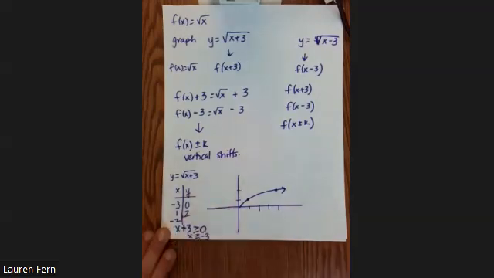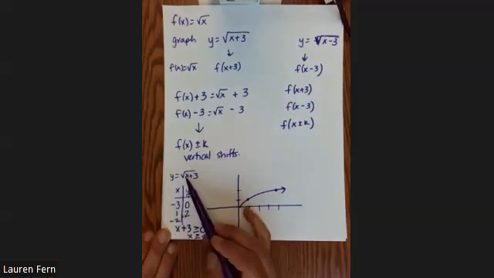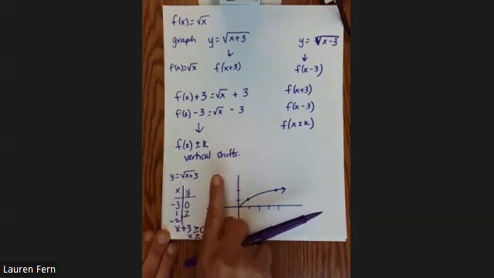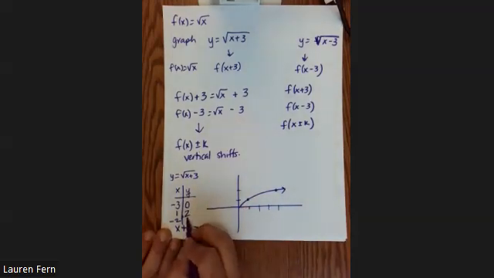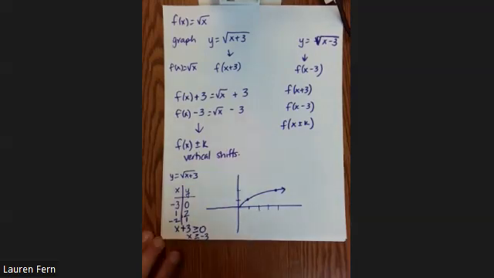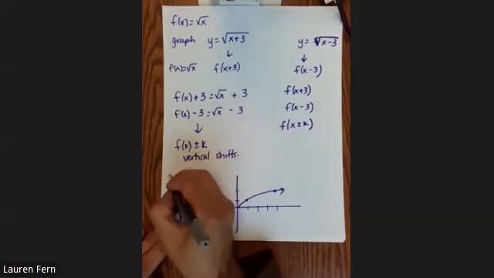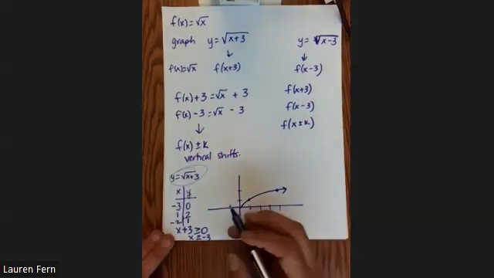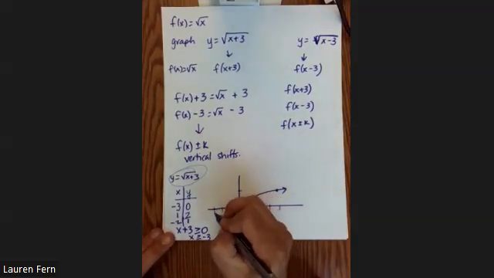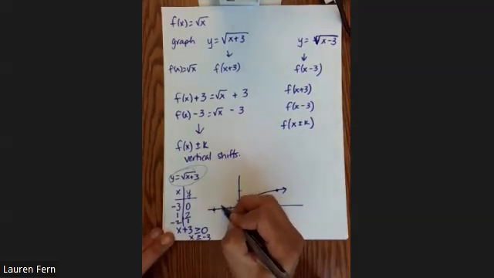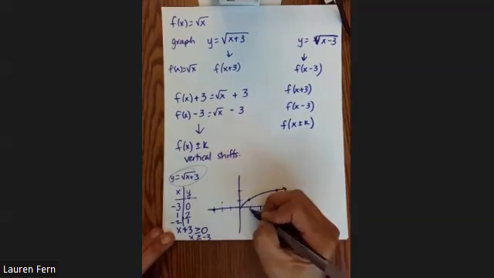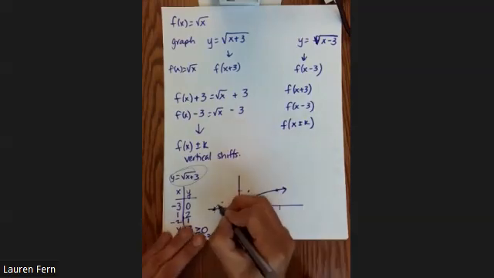I could also plug -2 in here if I wanted to. That's in my domain. -2 plus 3 is 1. And what's the square root of 1? It's 1. So I'm going to graph this one in this blue color. Now I'm at -3, 0, -2, 1, and 1, 2.